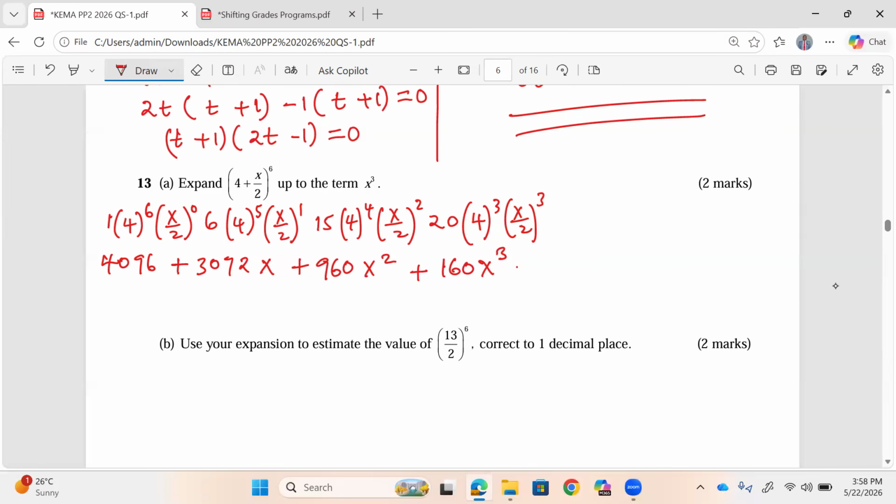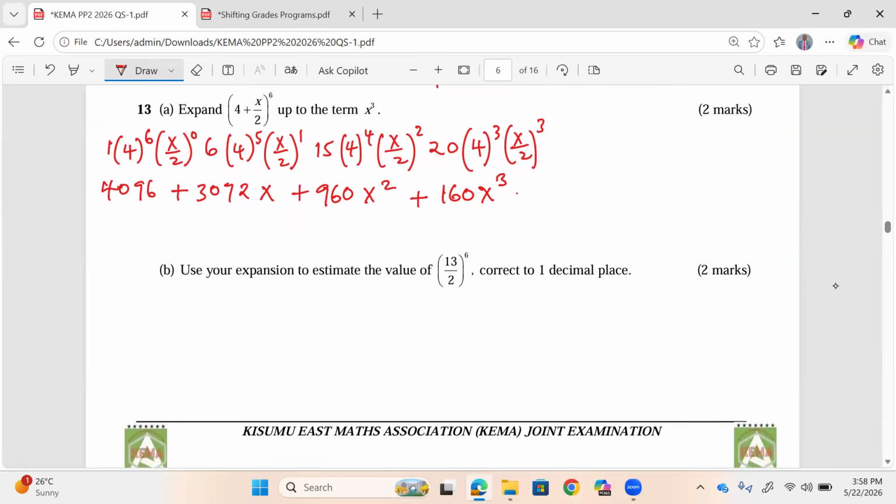After the expansion, we get to part B, where we are to use the expansion to estimate the value of (13/2)^6, correct to 1 dp. So we're supposed to say the expansion (4 + x/2) equals 13/2.